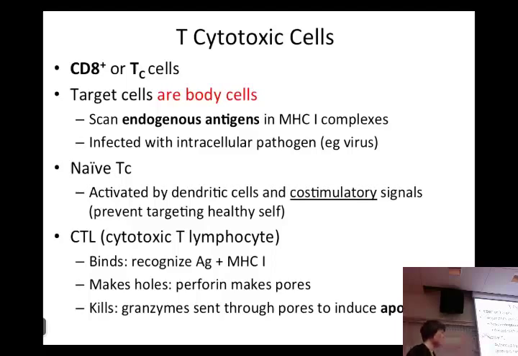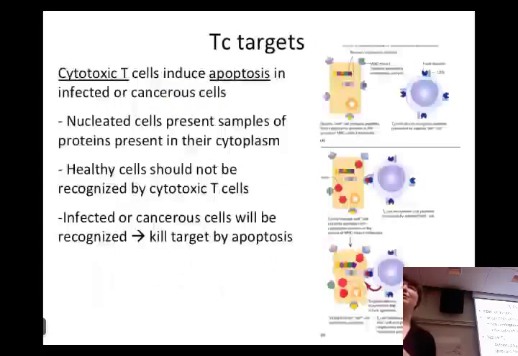So we make holes, and then through those holes, we shove a lot of an enzyme called granzyme that initiates a program called apoptosis, or programmed cell death. All right. So basically, cytotoxic T cells can induce body cells that it doesn't like, such as virally infected or cancerous cells, to commit suicide.